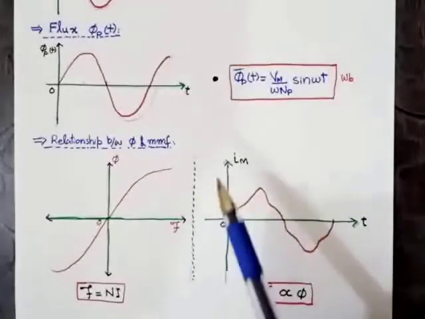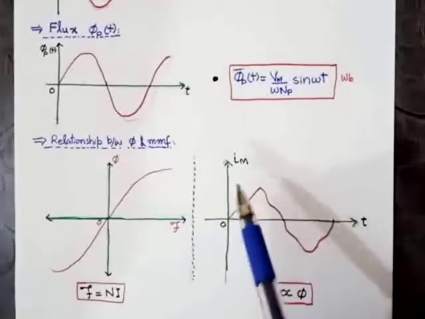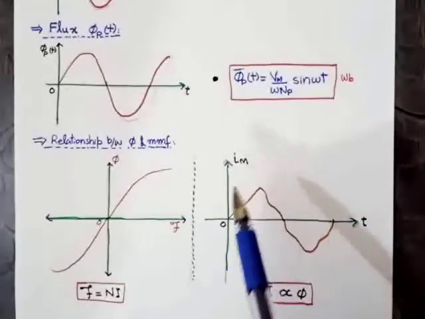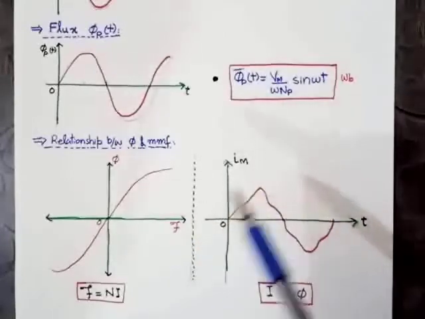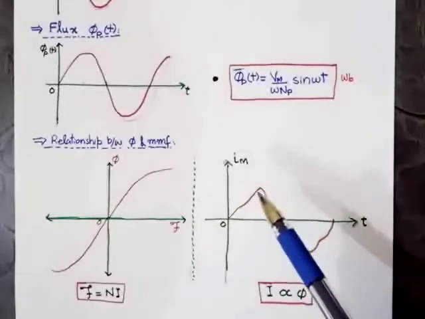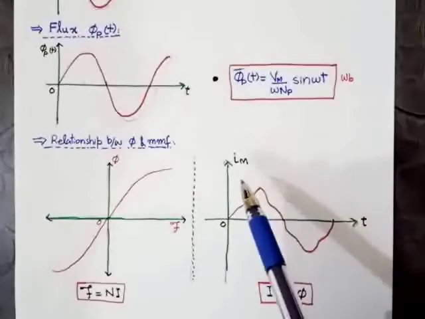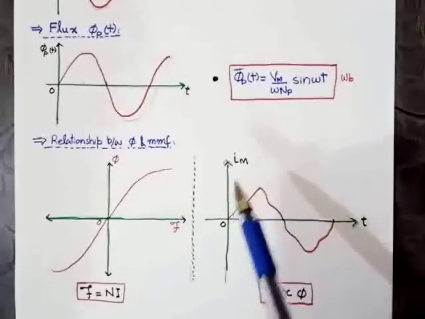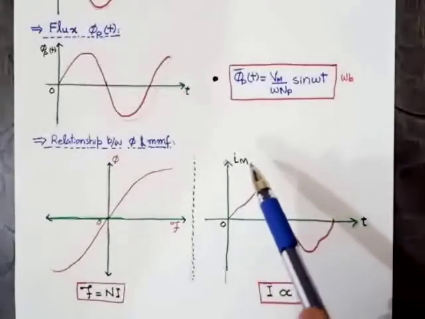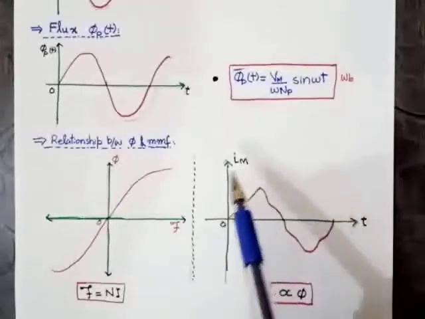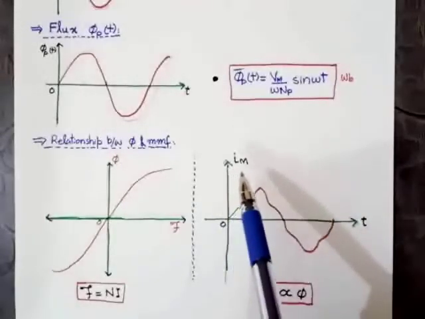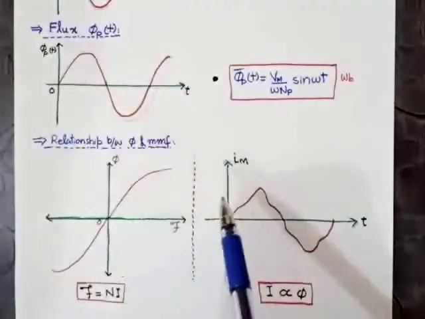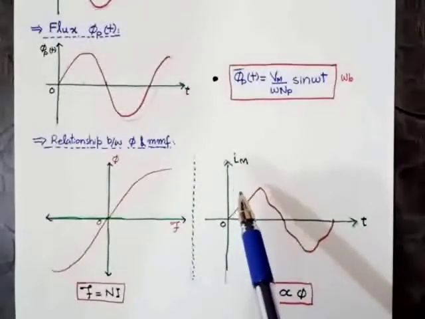As we have already discussed, the magnetization current is the current which is required to produce the flux in a real ferromagnetic core. According to Ampere's law, the relationship between the magnetization current and the flux is directly proportional.